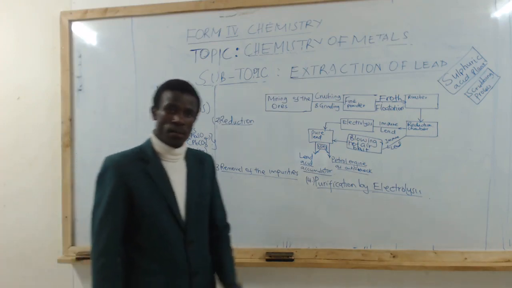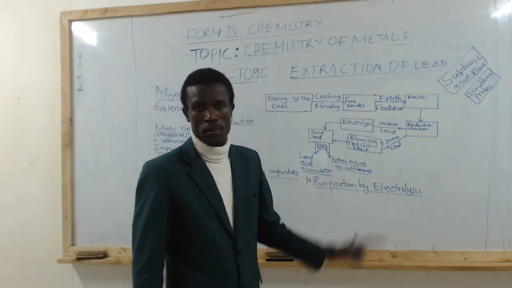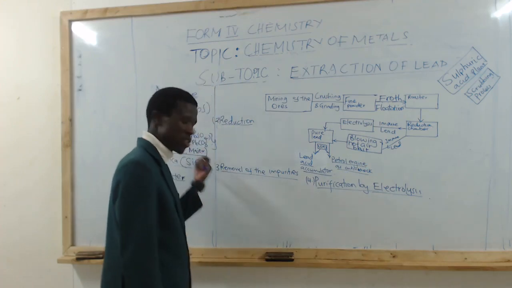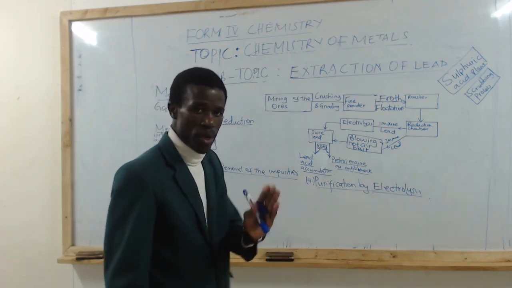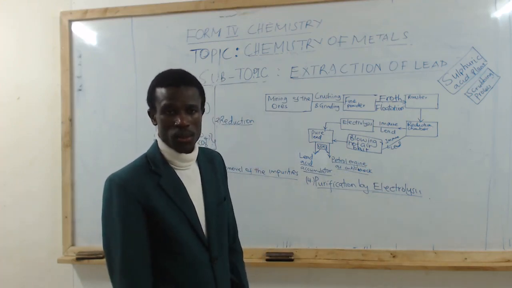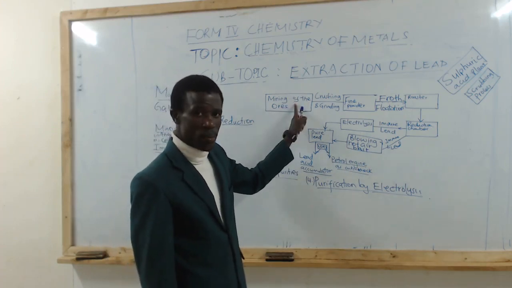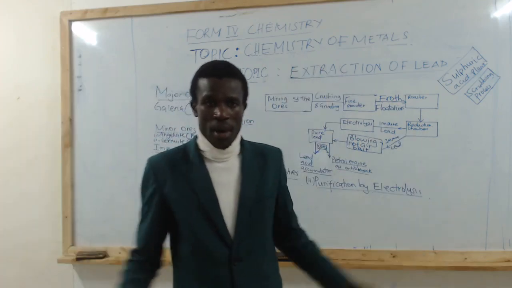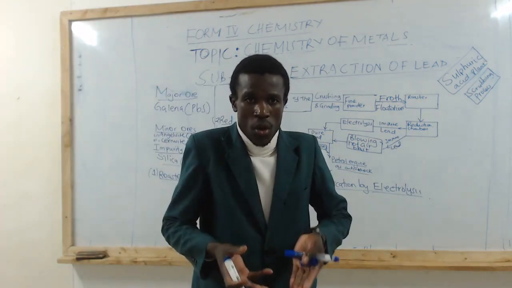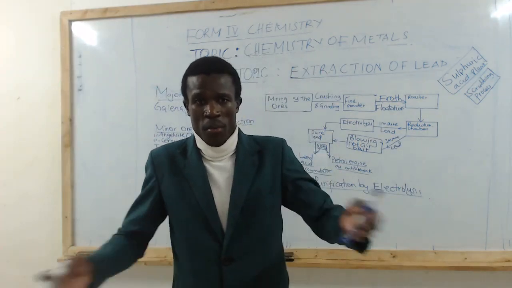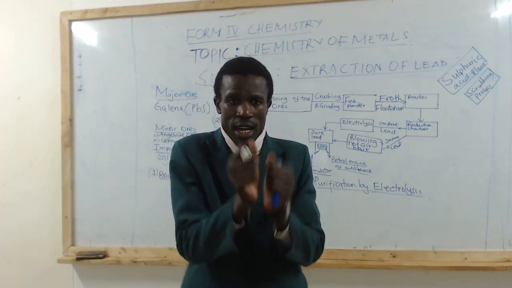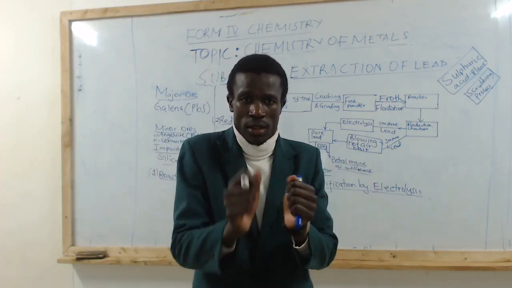Now, there must be a mechanism we will employ to remove this impurity to enable us to obtain pure lead metal. The first step: the ore is mined from the ground. Once the ore has been mined, it is crushed into fine powder.